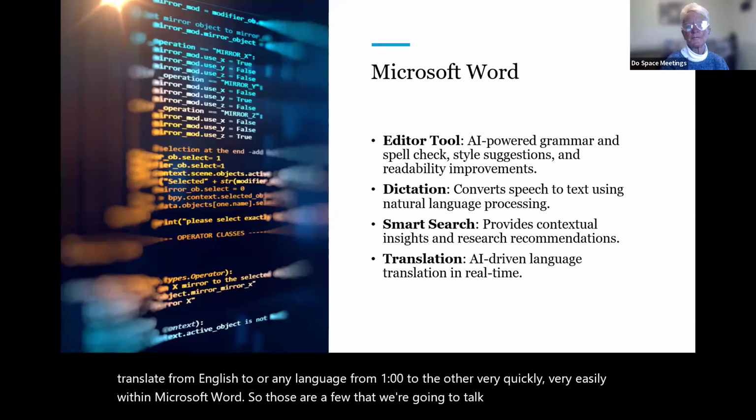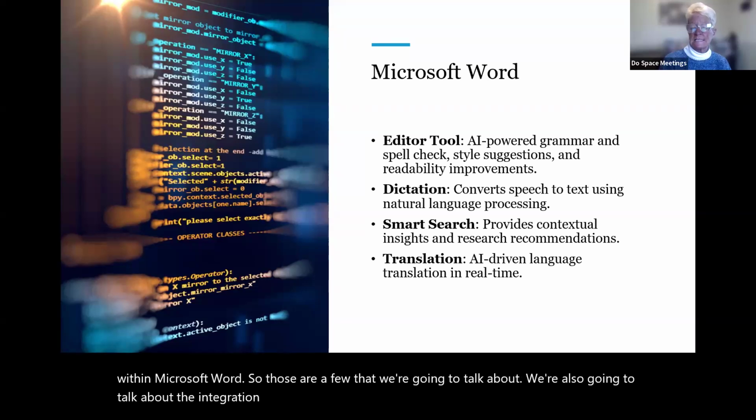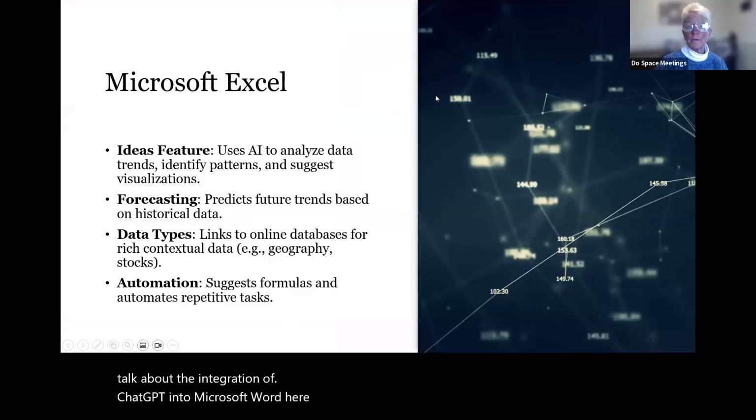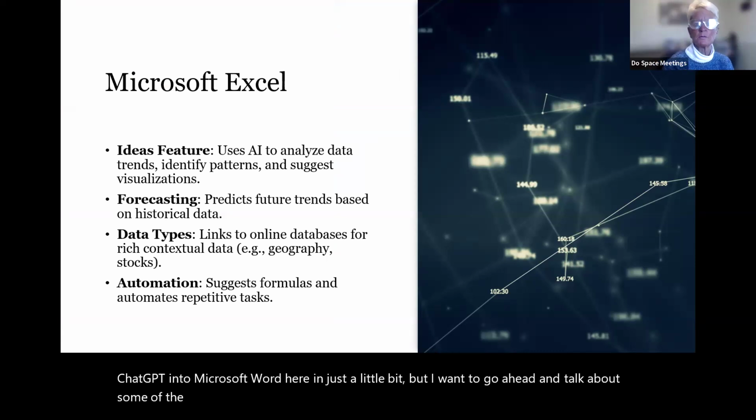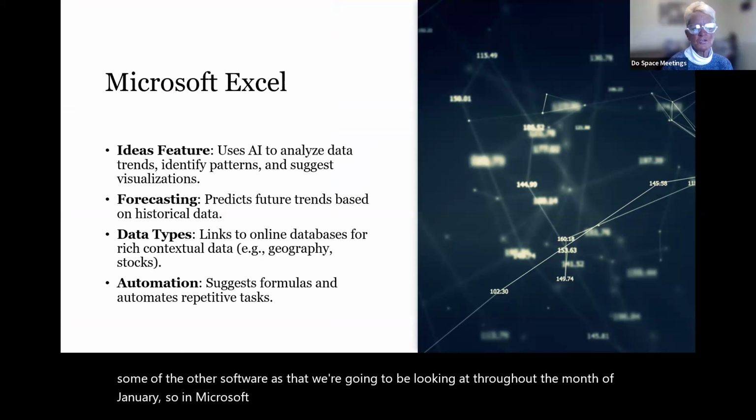We're also going to talk about the integration of ChatGPT into Microsoft Word here in just a little bit. But I want to go ahead and talk about some of the other software apps that we're going to be looking at throughout the month of January. In Microsoft Excel, the Ideas feature uses AI to analyze data trends, identify patterns, and suggest visualizations.